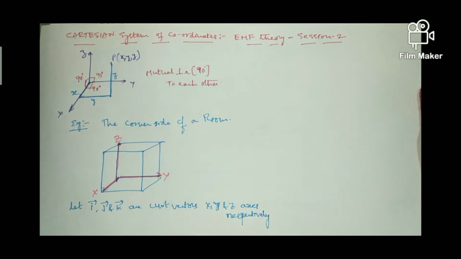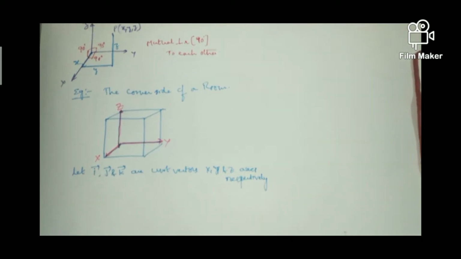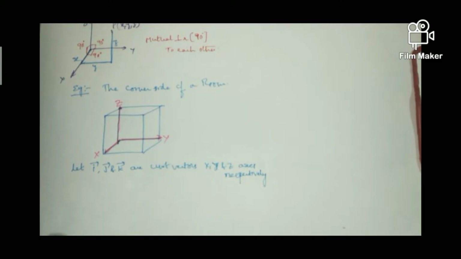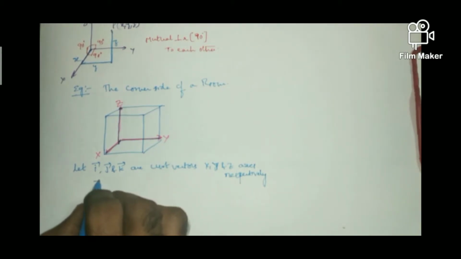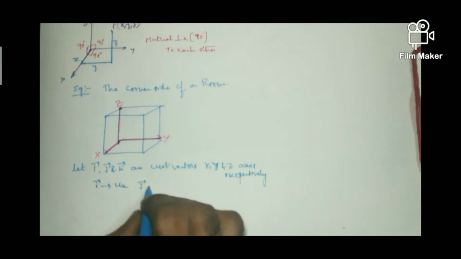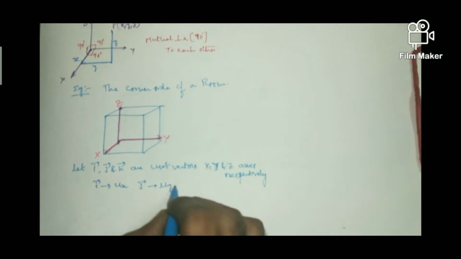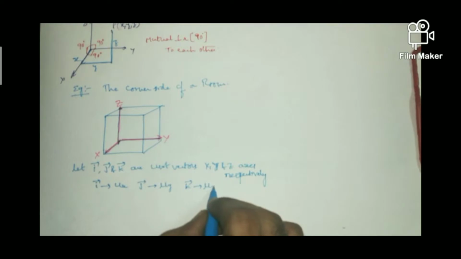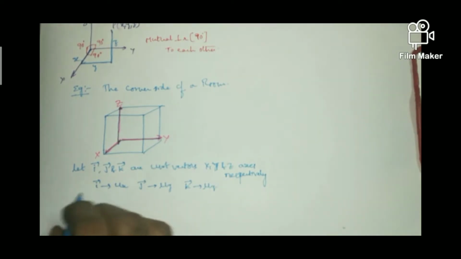Sometimes this i bar is represented as ux or ax, and j bar as uy or ay, and k bar as uz or az.